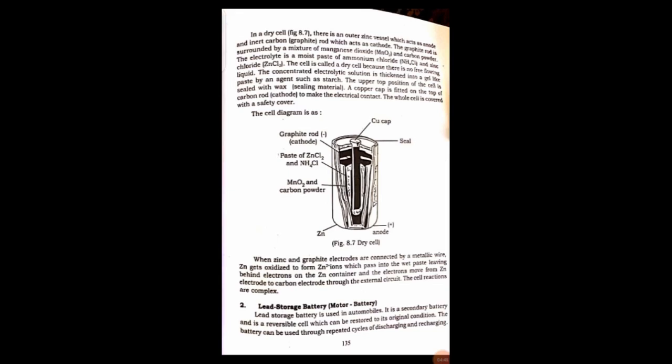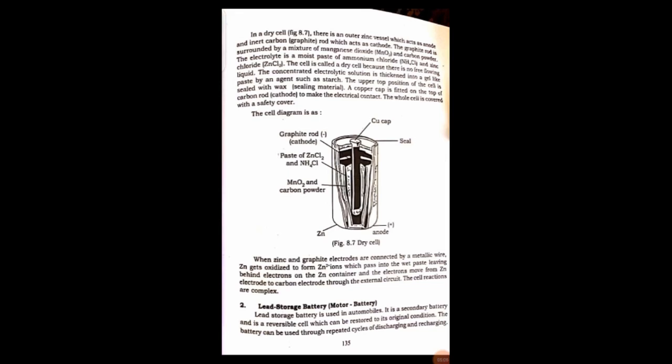Graphite rods are present which are acting as a cathode. The concentrated electrolytic solution is thickened into a gel-like paste by an agent such as starch. What is the function which is performing inside this dry cell?